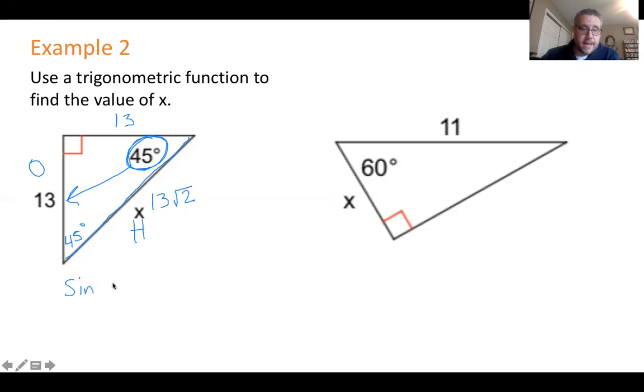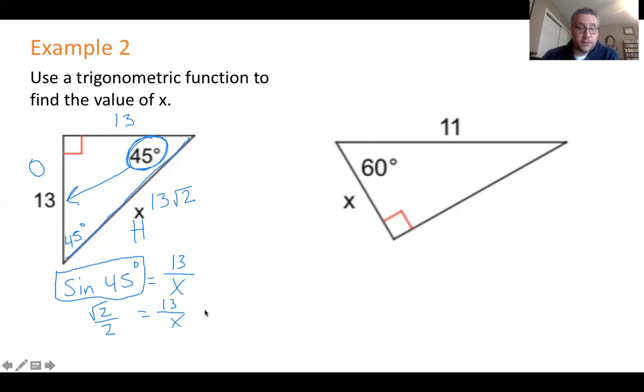So I could say sine 45 degrees equals the opposite, which is 13, over the hypotenuse, which is x. Now I could make a substitution. On the previous slide, we saw that sine of 45 degrees is worth √2 over 2. So you have √2 over 2, that's what it's worth, is equal to 13 over x.